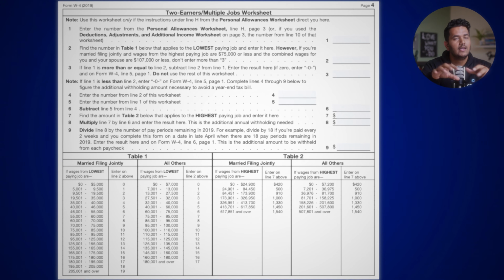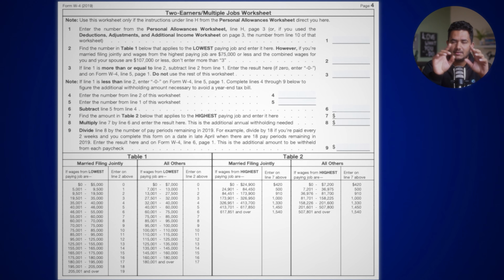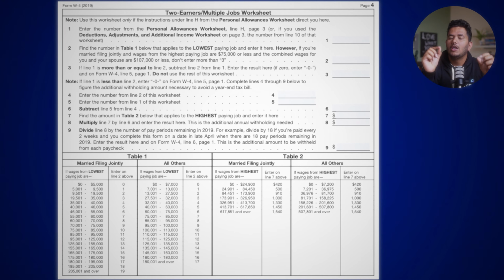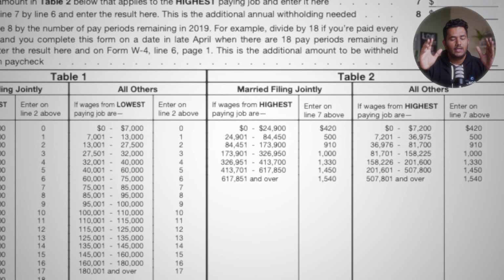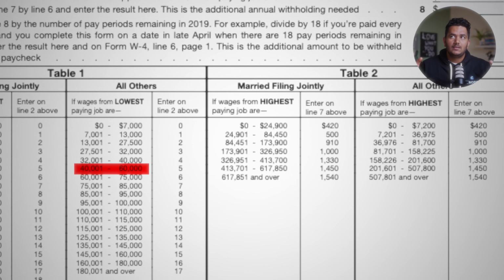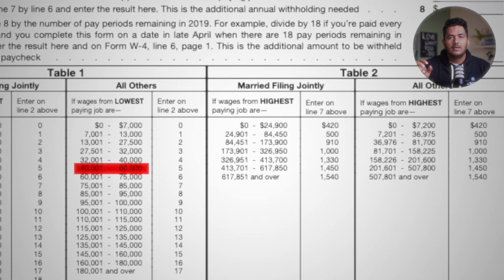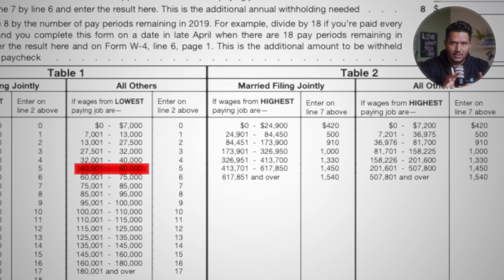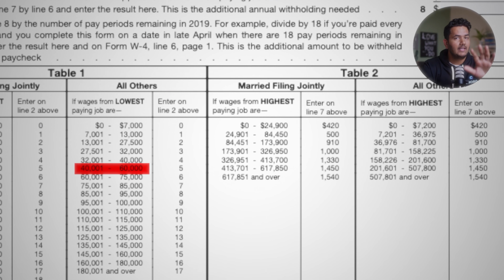There's a whole table that they give you. You can calculate a rough estimate. Okay, I'm going to make 100,000 in this job, 100,000 in this job, so my tax amount would roughly be whatever, $40,000. And then based on that, this much money you can take out. It is all given in that form. You can do the same thing if your spouse is working and you are filing jointly.